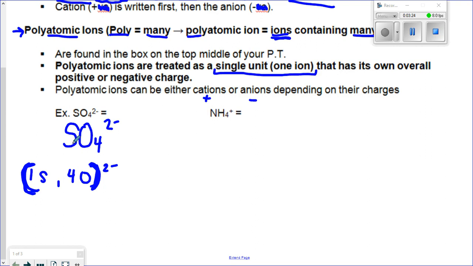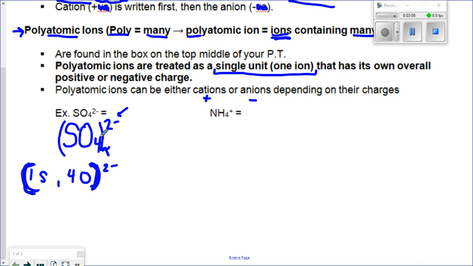You don't need to start looking at how sulfur forms these ions and oxygen forms these ions, because the overall charge would be way bigger than that. No, there's sharing of electrons within this polyatomic to give it an overall charge of 2 negative. For SO4 with a 2 minus, sometimes it's helpful to put little brackets around it, because you need to be very clear what's a subscript and what is a superscript.